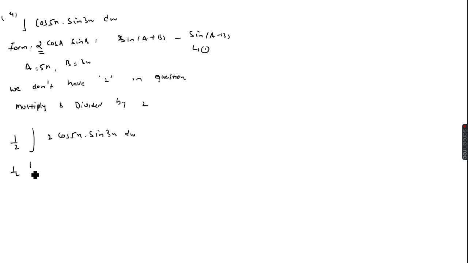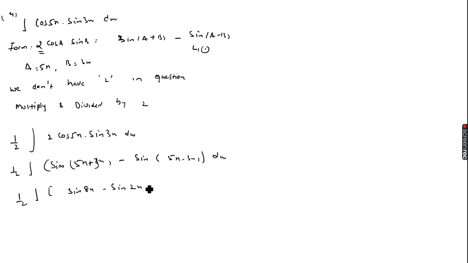So 1 by 2 into this form, 2 cos A sin B, is sin of A plus B minus sin of A minus B. So 1 by 2 into the integral of sin 8x minus sin 2x dx.